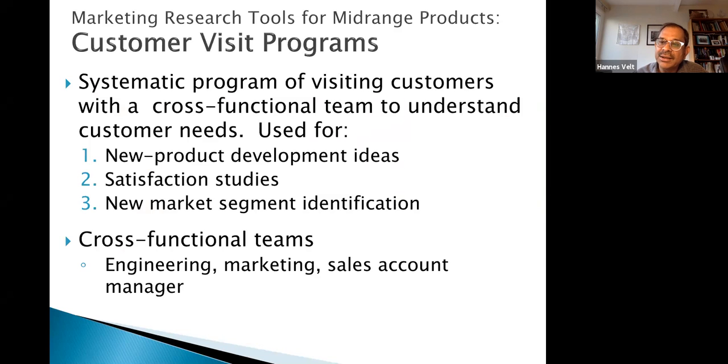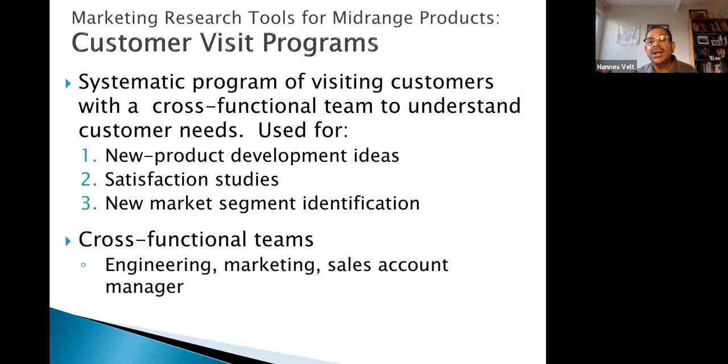It's not that sales calls or business development meetings are not important. Sure, they are. But in terms of a program, this particular tool has to be budgeted in advance and put into the marketing plan. So companies will have to decide, maybe every quarter we will visit three customers. Okay. And then there has to be a budget for it.